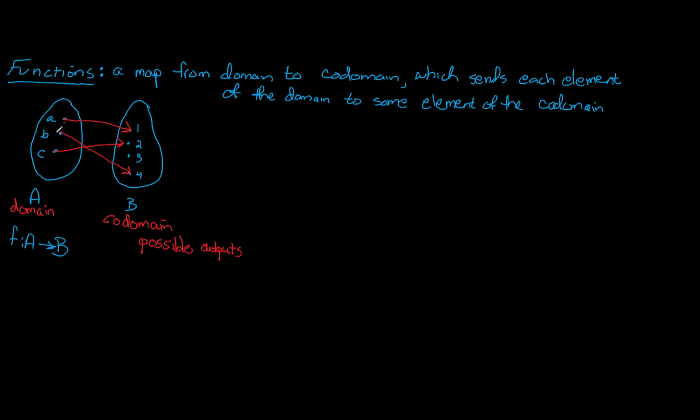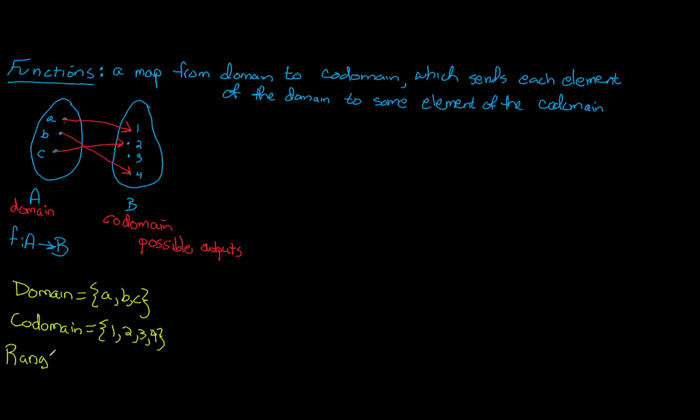So I'm going to label a few things here to make everything clear. Our domain is set A. So the domain of the function that I have is the set A, B, C. The codomain is the set of possible outputs, and it's the set that comes after the arrow in f goes from A to B. So in our case, it's the set 1, 2, 3, 4, and the range is your set of actual outputs.